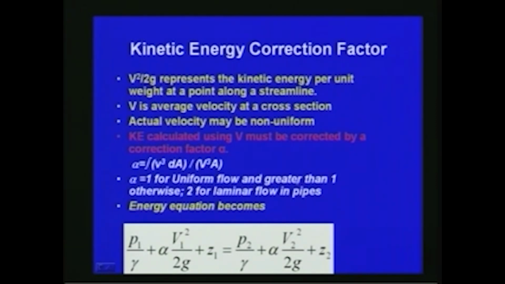Finally, if you use the kinetic energy correction factor, the energy equation becomes P1 by gamma plus alpha V1 square by 2g plus Z1 is equal to P2 by gamma plus alpha V2 square by 2g plus Z2.